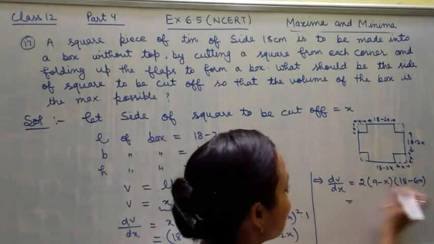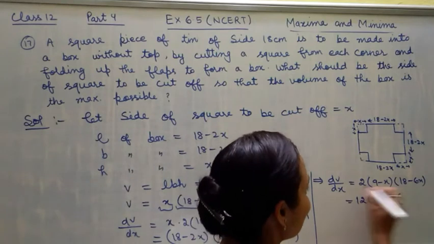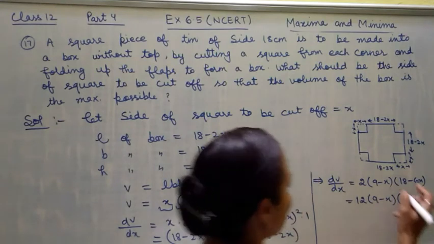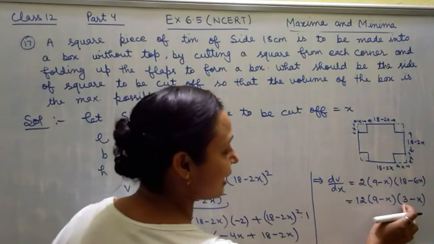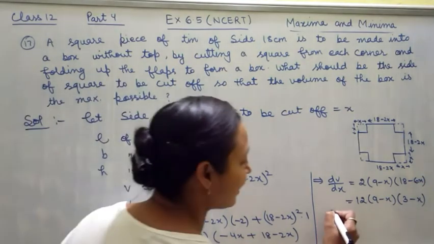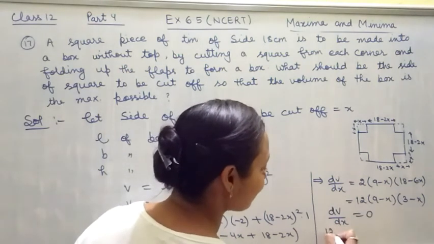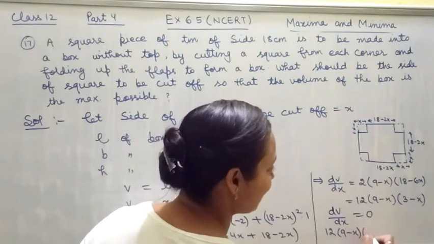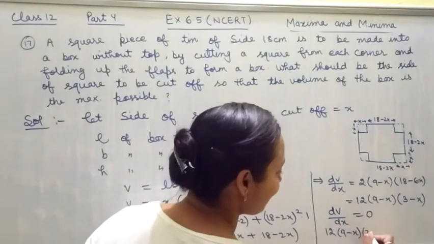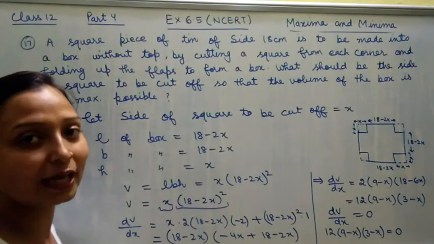I will take 6 common, so 12, 9 minus x, and here when you take 6 common, 6 threes are 18, 6 ones are 6. So these are the factors. By equating it to 0 at the critical points, 12 times (9 minus x) times (3 minus x) equals 0. From here I will get the two values of x.